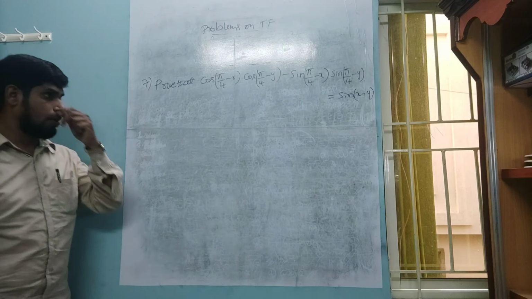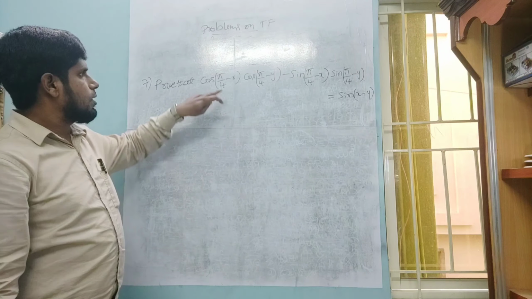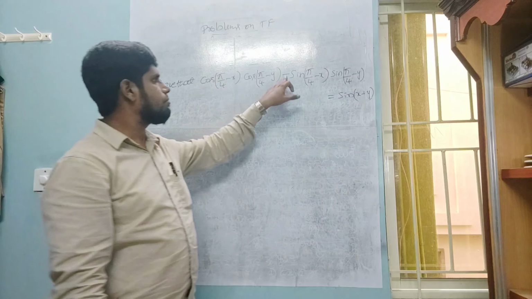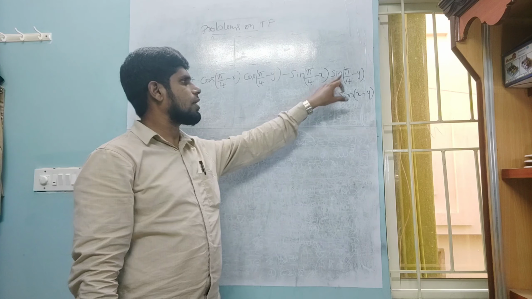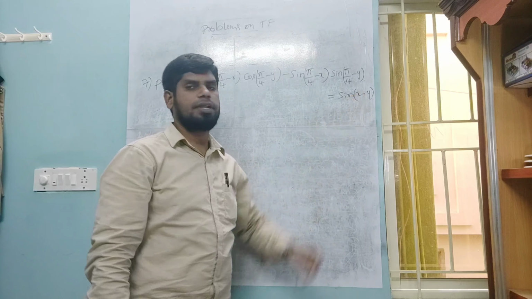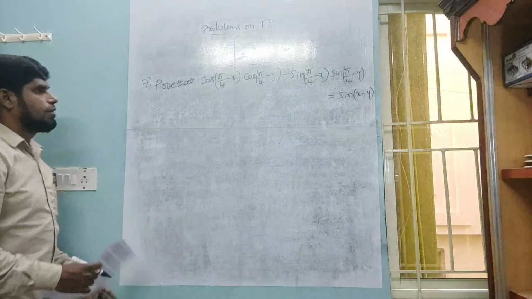Friends, very simple problem. Here, cos pi by 4 minus x, cos pi by 4 minus y, minus sin pi by 4 minus x, sin pi by 4 minus y. They're asking us to prove that this is equal to sin x plus y.